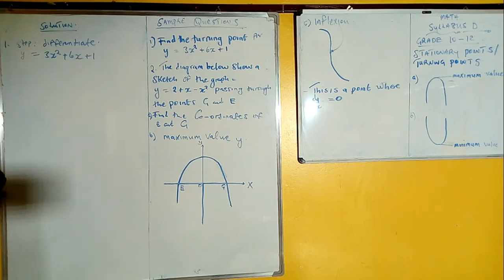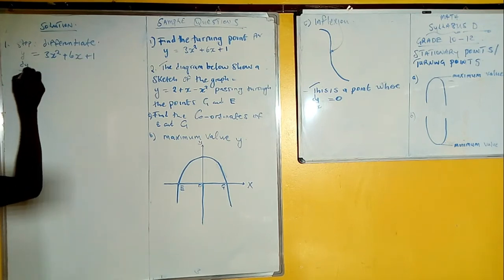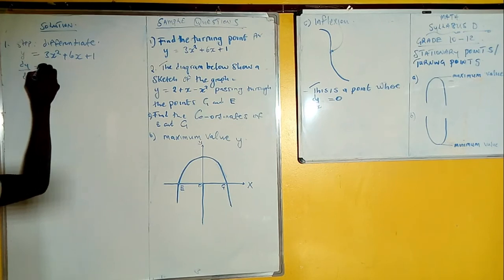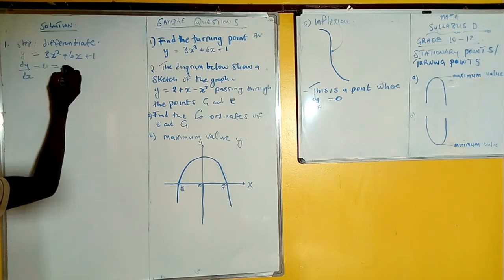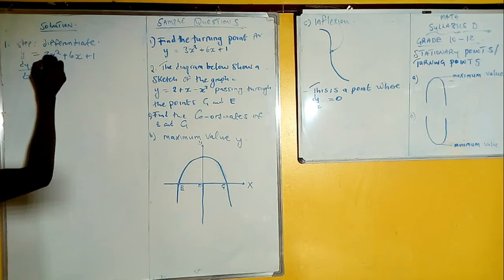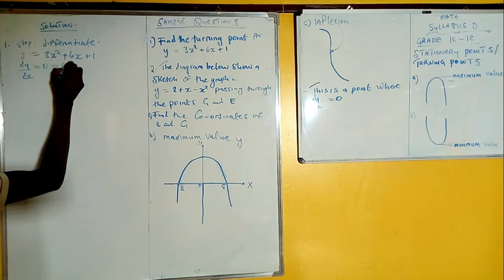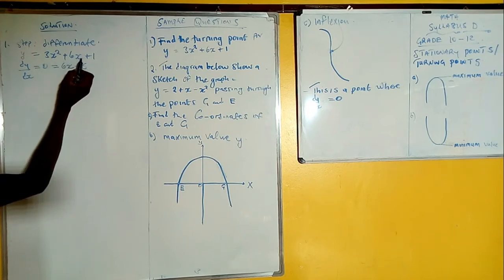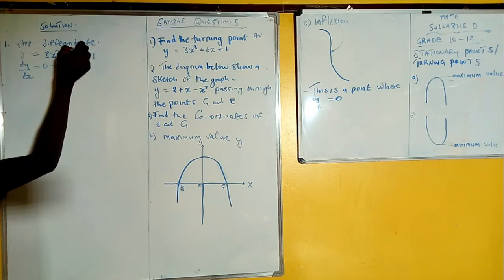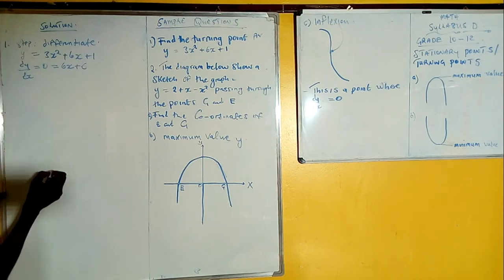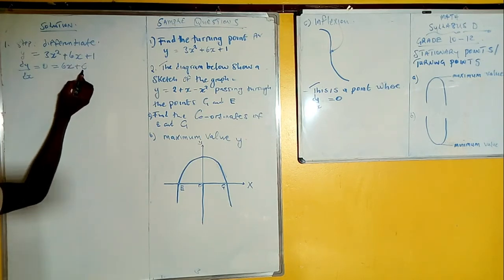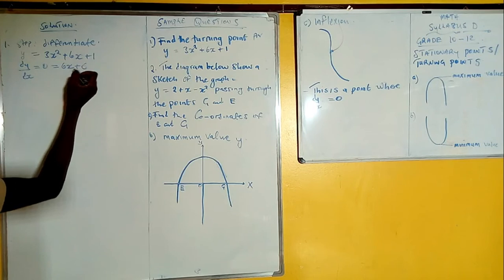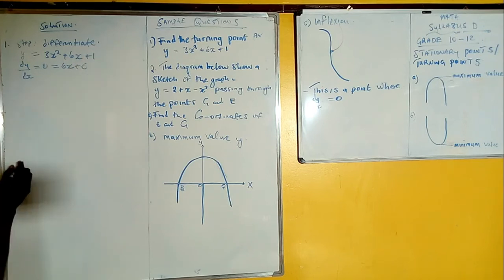Differentiating this, dy by dx, which is equal to 0, is equal to 6x plus 6. The 2 comes down and multiplies 3, giving 6x. Then for 6x, the power 1 comes down, we subtract 1, 1 minus 1 is 0, and any number to the power 0 is 1, so 6 times 1 still gives us 6. The derivative of the constant is 0, so we ignore it.